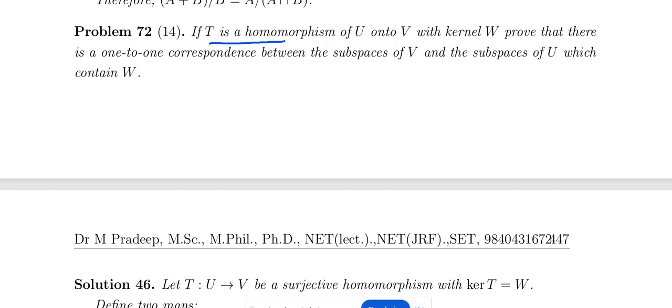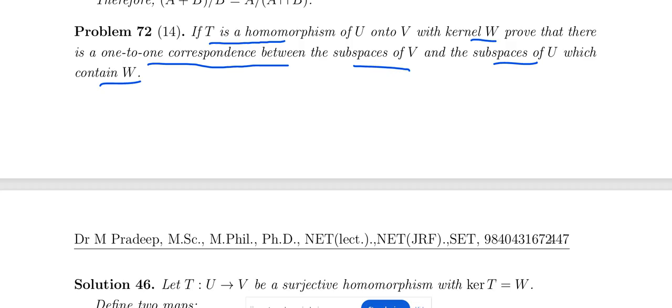ஸோ T is a homomorphism of U onto V with kernel W. So there is a one-to-one correspondence between the subspaces of V and the subspaces of U which contain W. என்ன சொல்றாங்க?